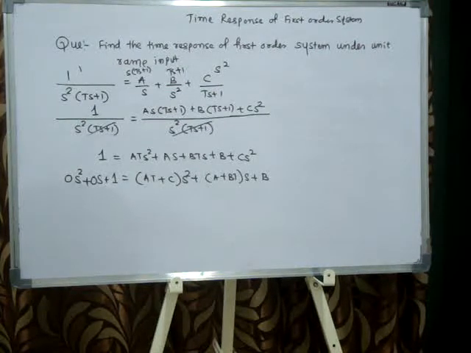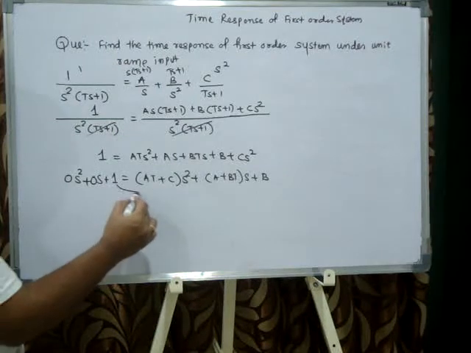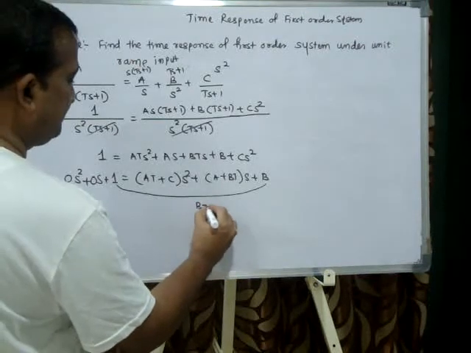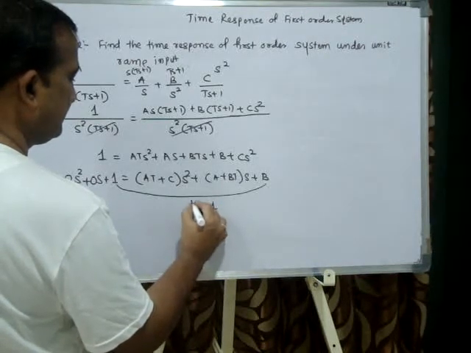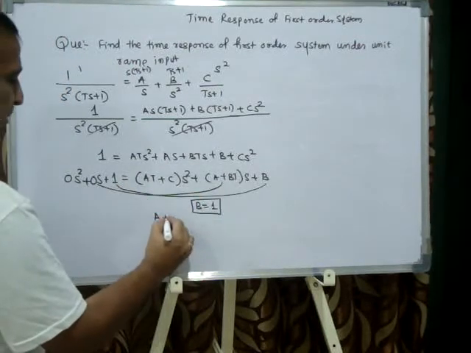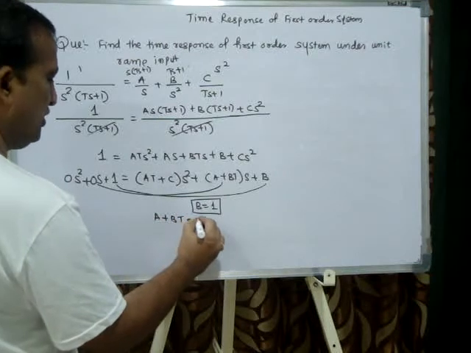Now I'll compare the coefficients to find the A, B, C values. First I'll compare the constant coefficient: B equal to 1. Next I'll compare the s coefficient: A plus BT equal to 0.